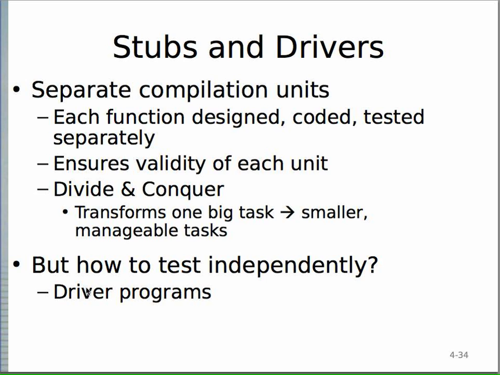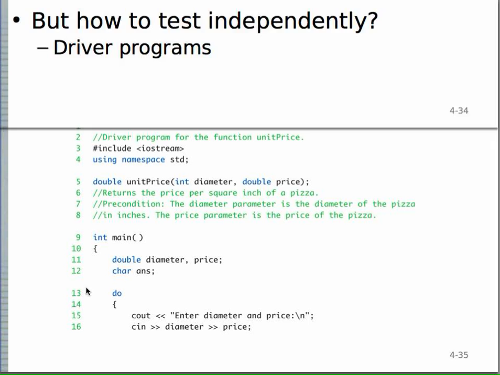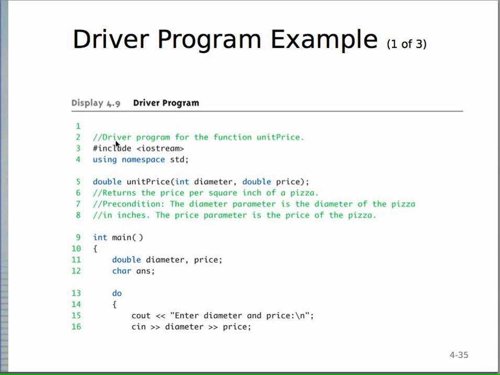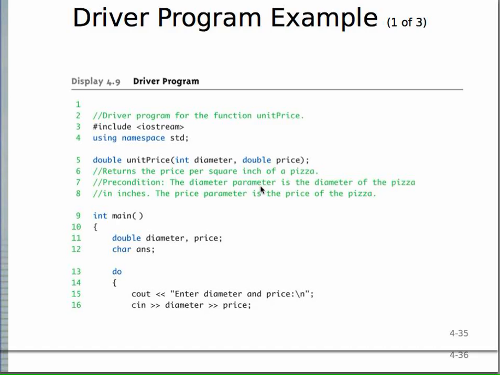There's a simple example given in the book, display 4.9, and you have a function that you could refer to as the function under test. It's unit price, a simple function with an int and a double, 2 parameters, and it's given below.